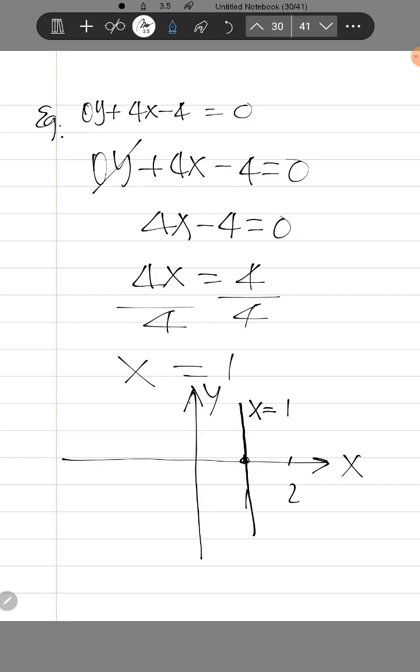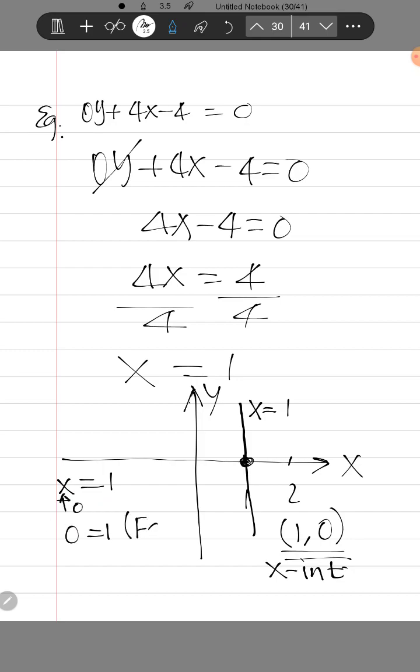What is the x-intercept? It is just 1. For the x-intercept, we write x first, 1, and then give 0 for y. The x-intercept is 1, 0. What's the y-intercept? For the y-intercept, we have to give 0 for x. So x is equal to 1, put 0 in place of x: 0 is equal to 1. This is false.